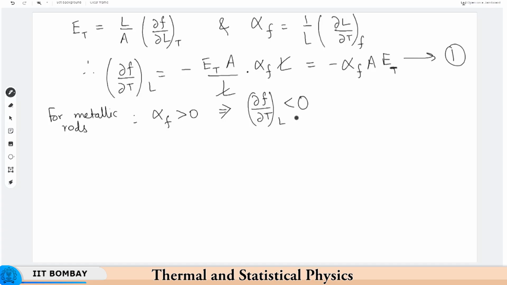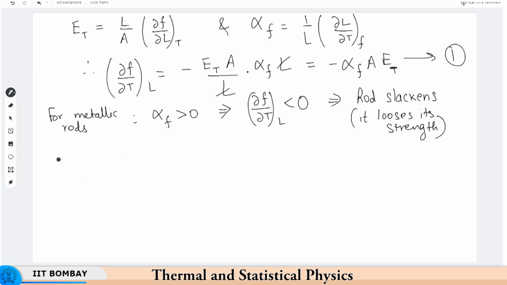But now if you start heating up, if you increase the temperature, since this quantity is negative, you need less and less force to maintain that length, right. That means the rod is slackening, it is losing its rigidity. So, basically it loses its strength. And if you keep on increasing the temperature, of course, the rod will melt and you will require absolutely no force to hold it, right.